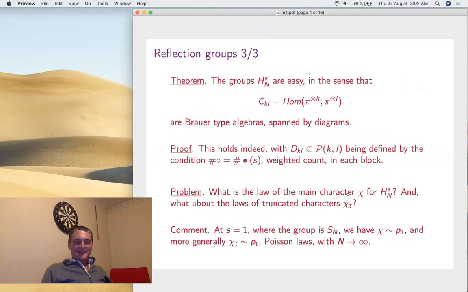Now, one more theorem, which is also tough, is that these groups are easy in the sense that, well, this goes back to Brauer.